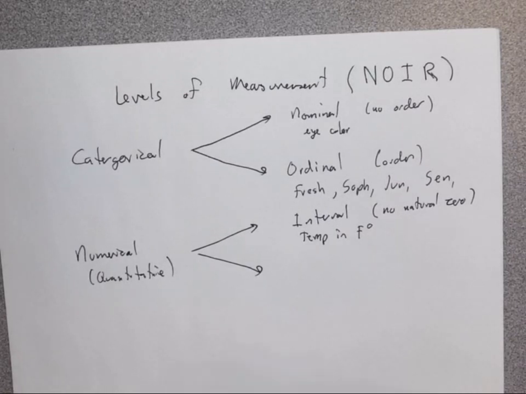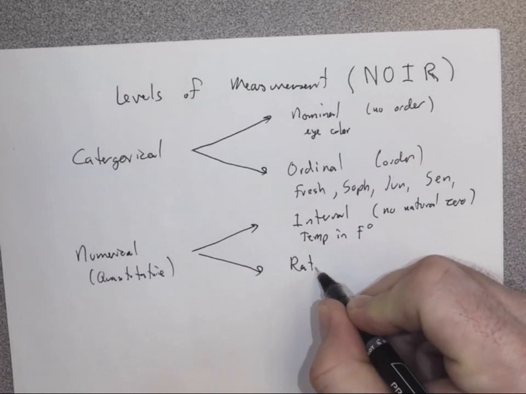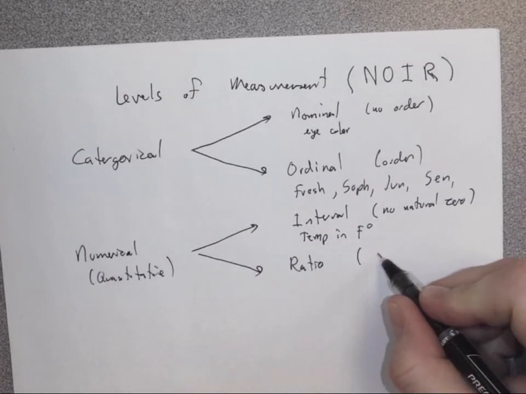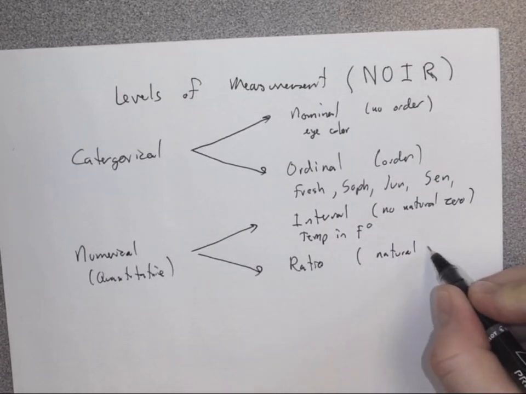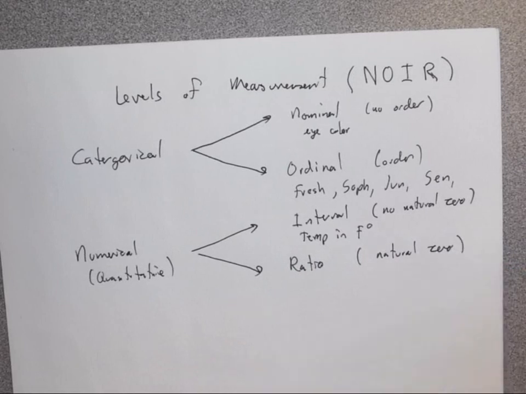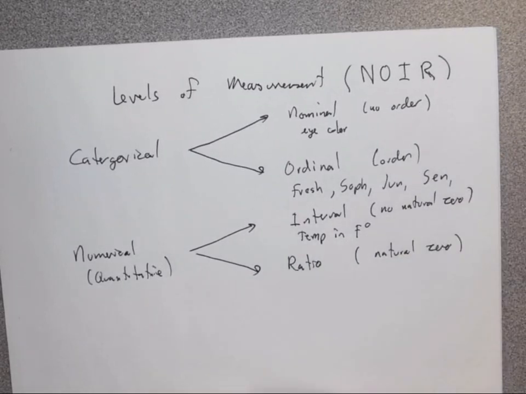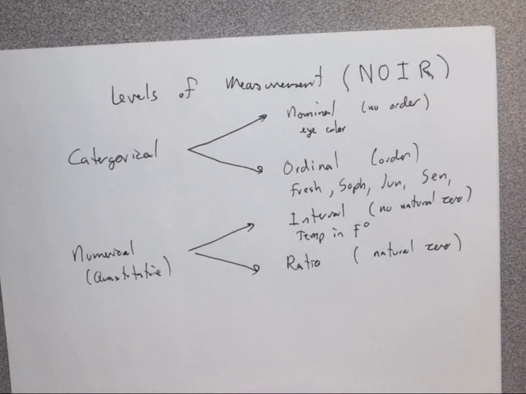Now the next one we have is ratio. Ratio means that there is a natural zero, and that natural zero actually represents the absence of measurement. Again, remember, 0 degrees Fahrenheit doesn't mean the absence of temperature. It just represents a number on our particular scale. But ratio does have a natural zero. I might say my height, for instance.